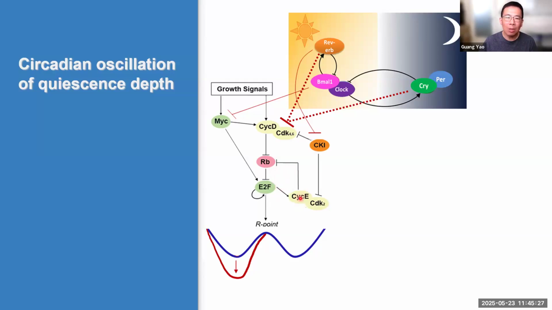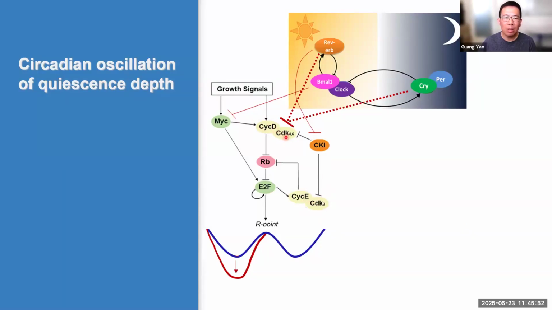If you perturb here to drive deeper quiescence, you may meanwhile reduce this positive feedback strength, which may very likely disrupt the proper bistable control. So it's very hard to maintain a required bistable switch while driving cells deeper by perturbing this node.